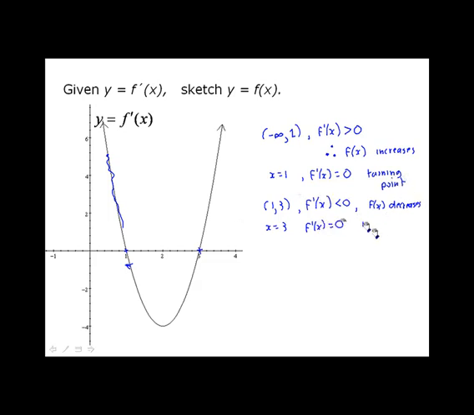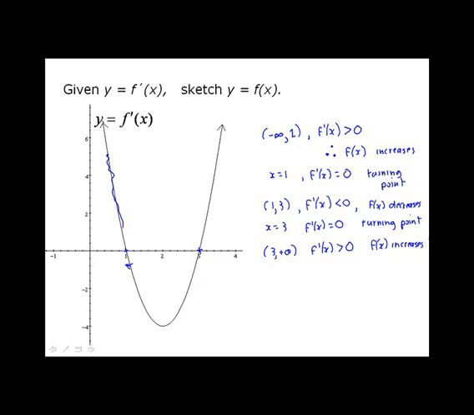So this is a turning point, probably. And then we go from 3 to positive infinity. The derivative is also above 0, greater than 0. So the original function increases. And with this information, we should be able to transfer it to a clean graph.